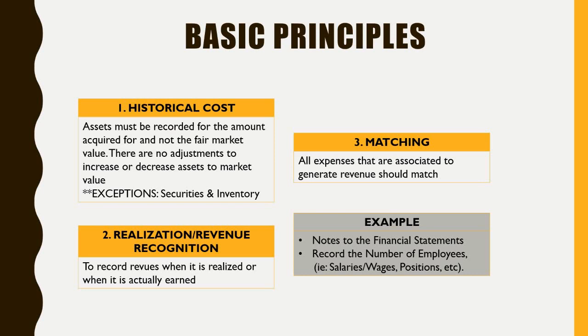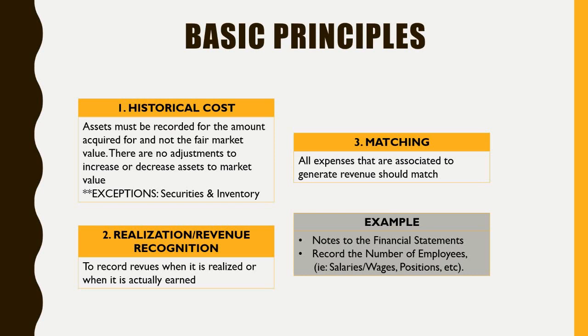How many employees you had? It tells me how much it costs me to have my employees, but is there anywhere I can place the number of employees? No, because all you're given is just a total cost. You're not given the number of employees. Correct. And that's why we have the notes to the financial statements.